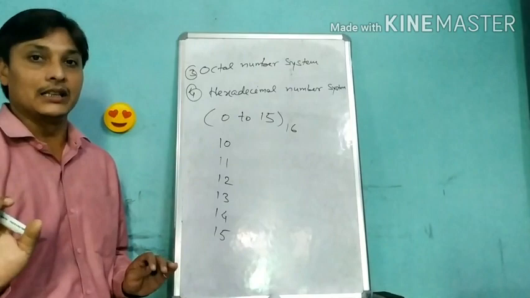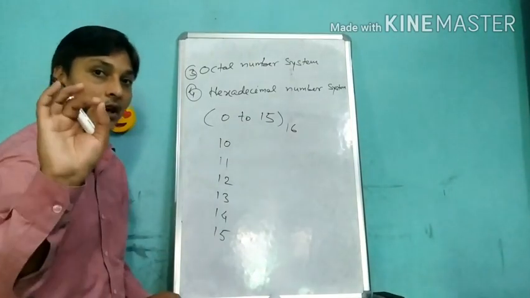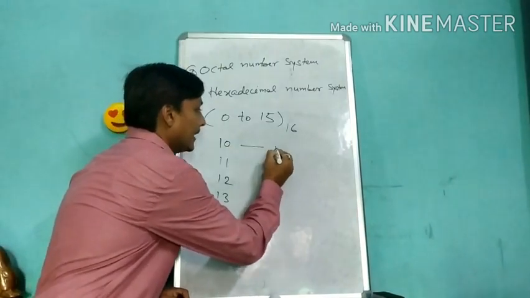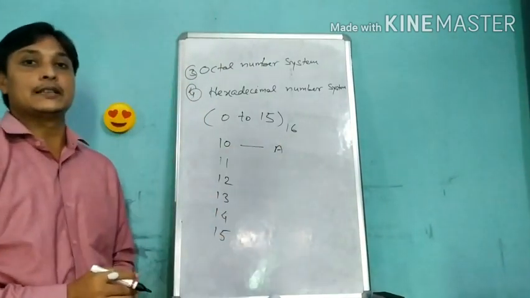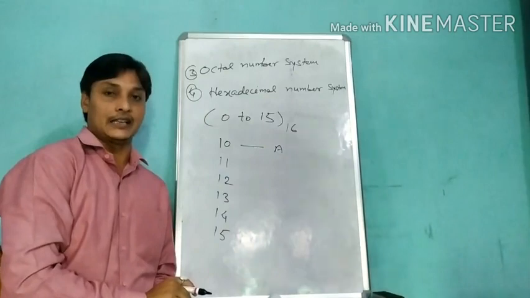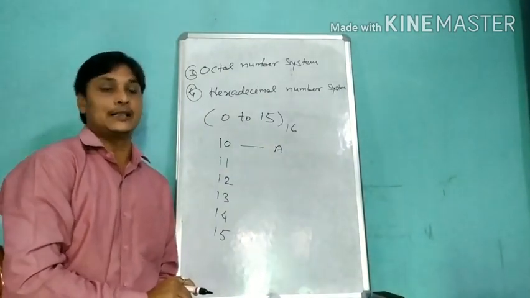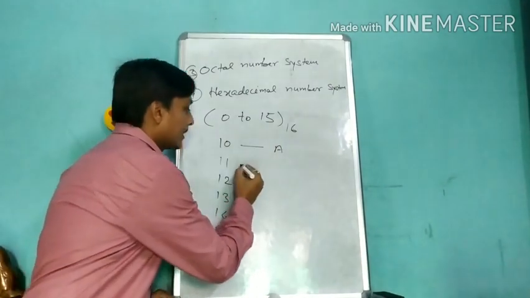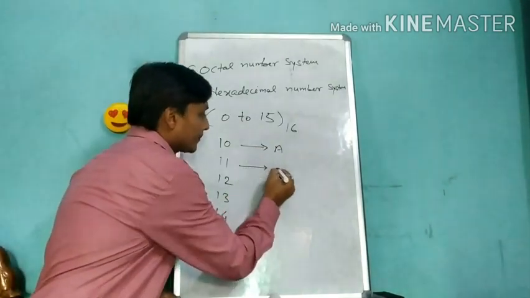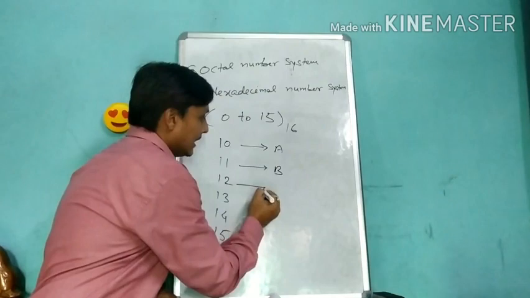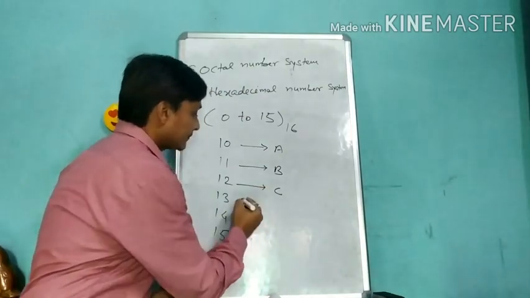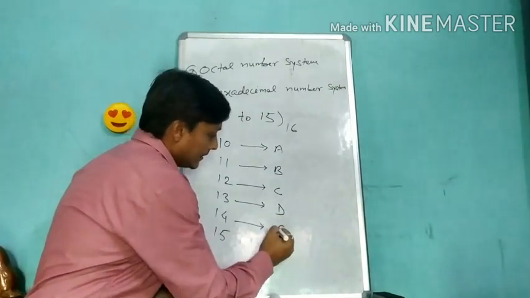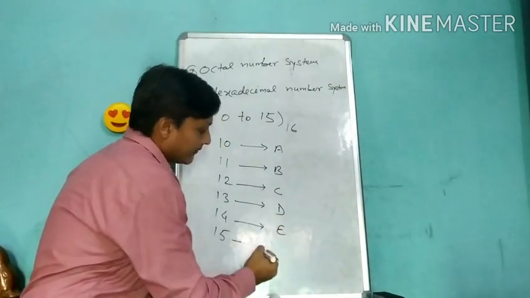In the hexadecimal number system, we represent them alphabetically. Fine? So 10 will be A, 11 will be B, 12 will be C, 13 will be D, 14 will be E, and the last one will be F.